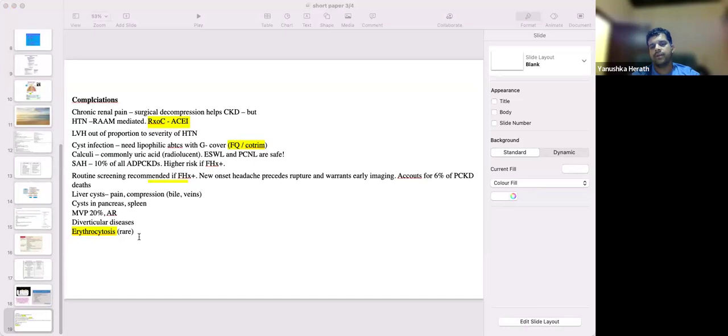Painless hematuria should be false. But isn't the classic presentation painless hematuria in a young patient rather than a painful one? Generally you can get renal failure. It's not painless hematuria per se, but as you said, I have seen patients with painless hematuria, but it doesn't occur without the cyst being ruptured. Okay. Good question.